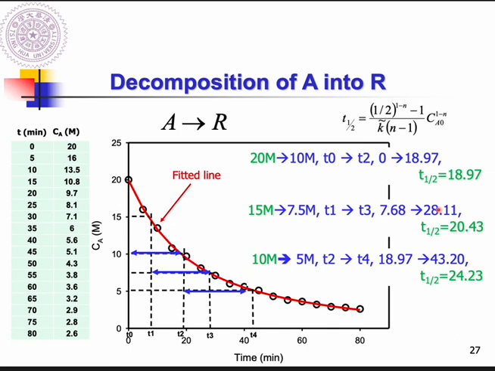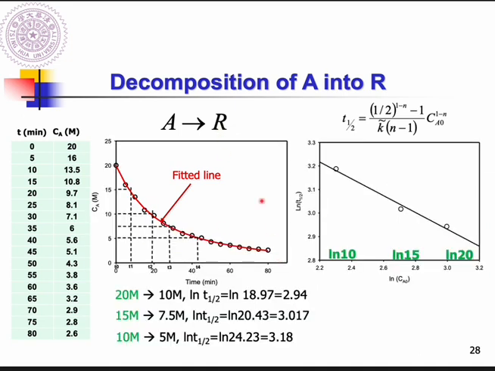So now I have the half-life times, and also the Ca0 for different data points. Next, I want to plot log half-life time versus log Ca0.